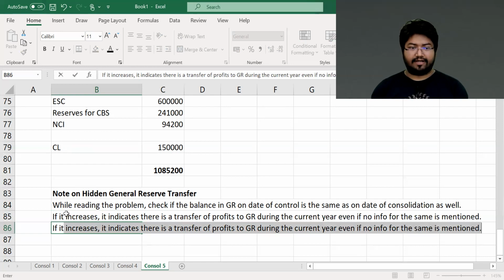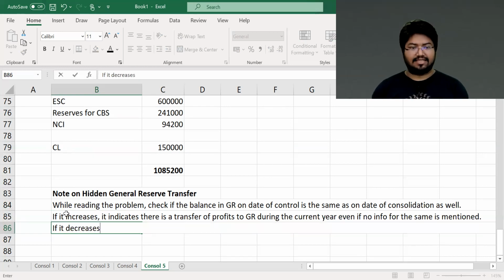If it decreases, we will see these problems about decreases in the next coming problems, but I'll just make you write the note here itself. If it decreases, it indicates that it was used for some purpose.